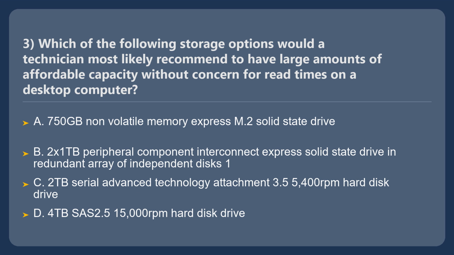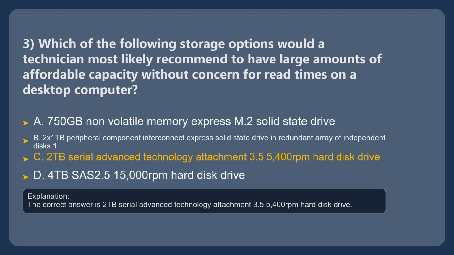Option D. 4 TB SAS 2.5, 15000 RPM hard disk drive. The correct answer is option C. 2 TB serial advanced technology attachment 3.5, 5400 RPM hard disk drive.